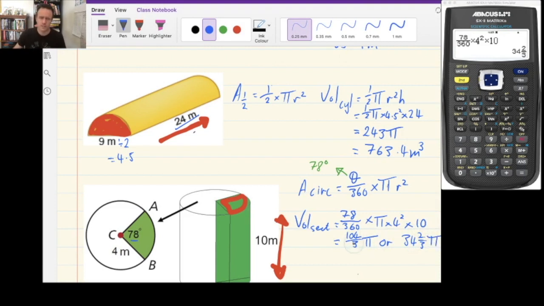So we divide 104 by 3, and you'll get 34 with 2 left over. Now, if we want the approximate value that we had up here before, we take it back to that, and now I've got to multiply this by pi to get my approximate value.